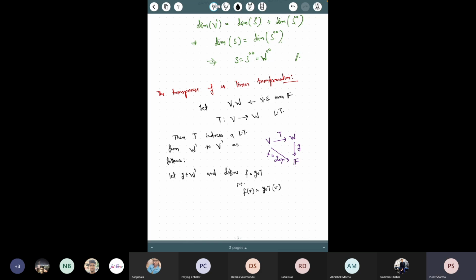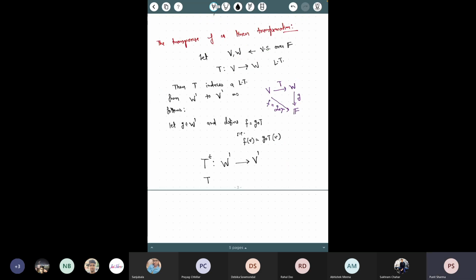Using this information, we can define this linear transformation. Let us call this t superscript small t from W dash to V dash.